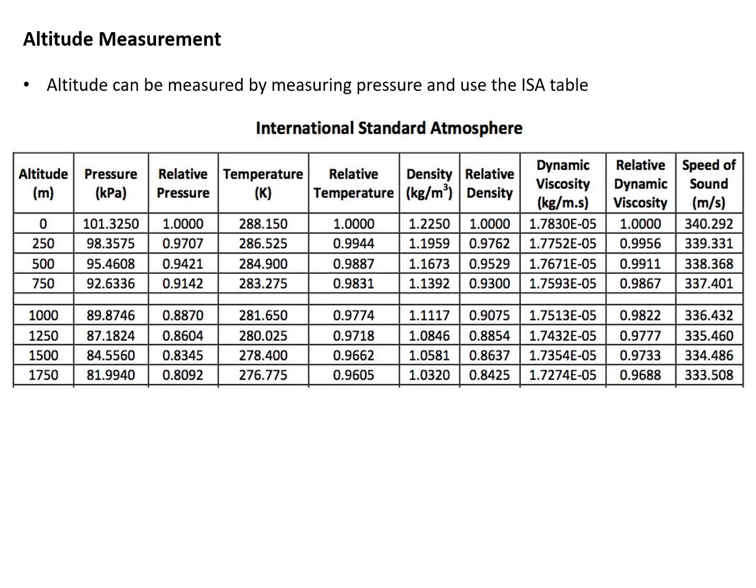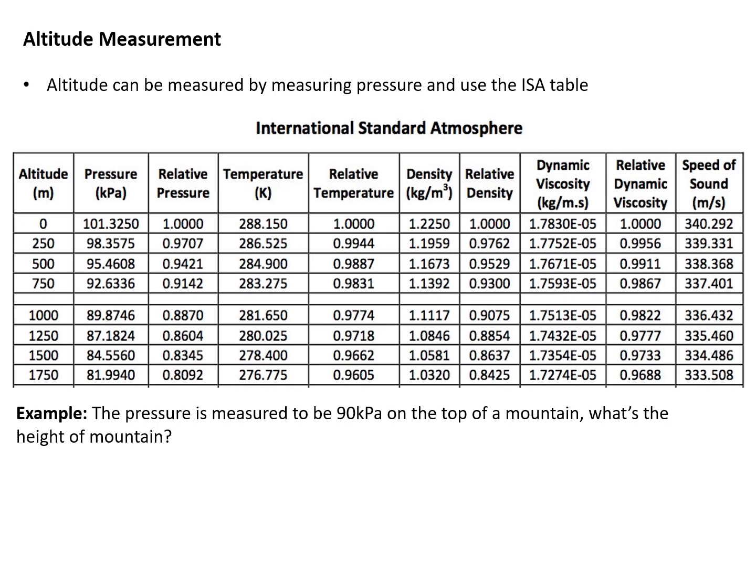One important usage of the ISA table is for altitude measurement. The altitude can be found by measuring pressure and using the ISA table. Let's have an example.